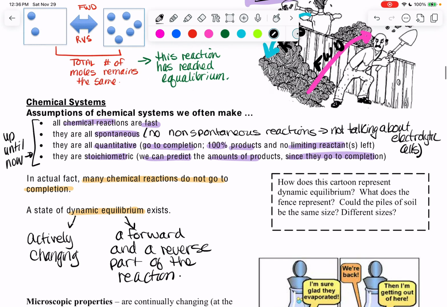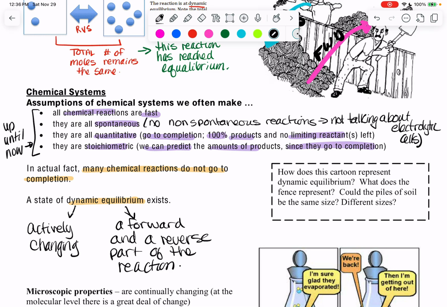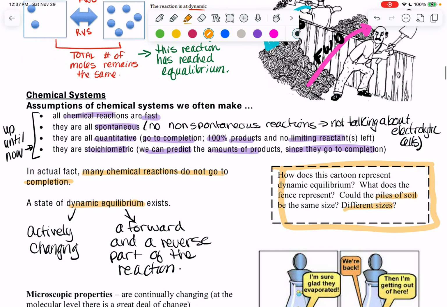So this cartoon up here represents dynamic equilibrium because you have two guys throwing dirt over each side of the fence at the same speed. However, if one guy was going faster than the other, the piles of soil could be different sizes, and you could have different rates of forward and reverse reaction. All of these things we're going to be talking about in this unit.